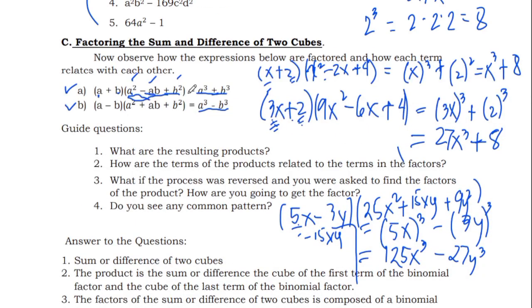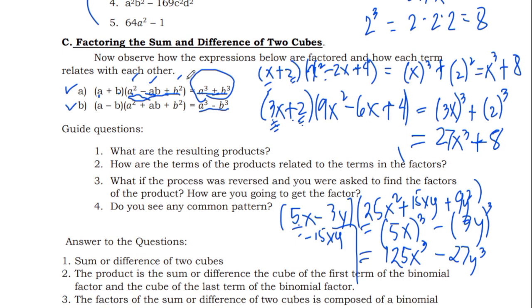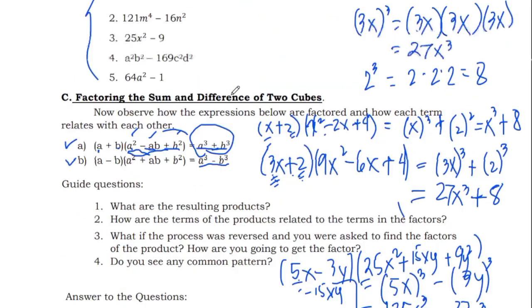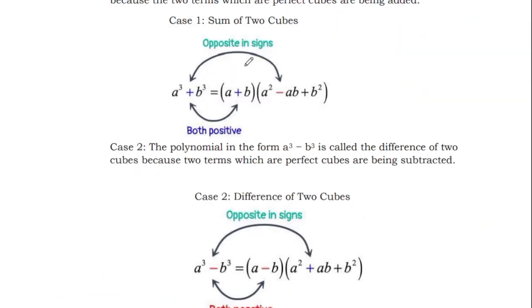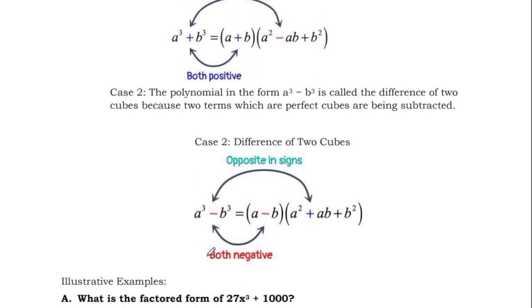From this part here, the pattern was interchanged. So it begins with a cubed plus b cubed. Then the result is the quantity a plus b times the quantity a squared minus ab plus b squared. So the first case is the perfect cube of two binomial terms, then the perfect cube of the difference of two binomial terms.